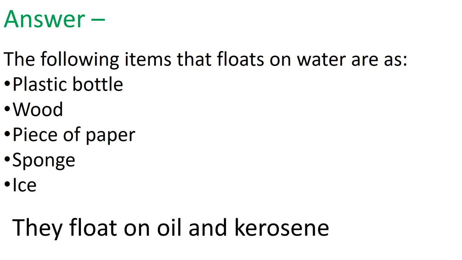The items that float on water are as follows: plastic bottle, wood, piece of paper, sponge, and ice. Students, you are free to list any other object in this answer. Let me also tell you that all these materials will float on oil and kerosene as well.